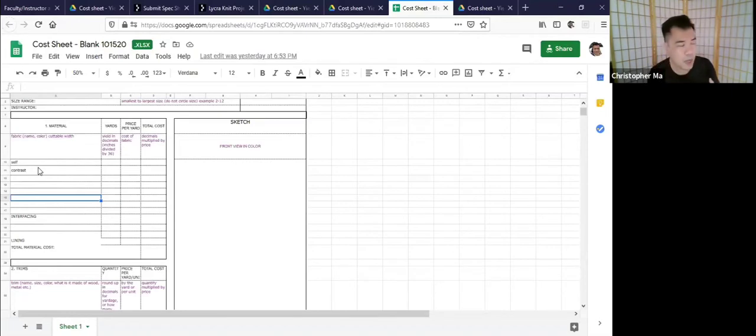I will have a list for you of what you have used for this exercise. And then the last one, you also need to put the color of the fabric. Very important. So four things. Do not miss anything out: name of the fabric, content, cuttable width, and color.